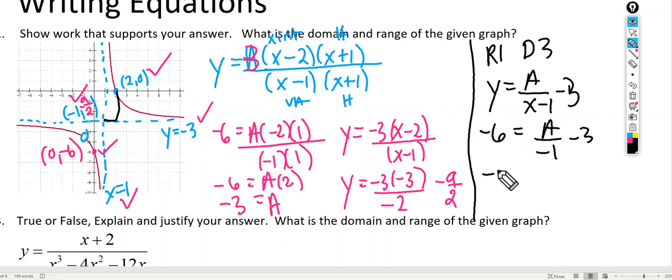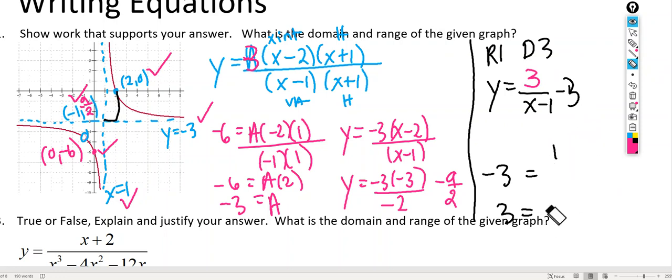Okay, so I'm going to add 3. So I get 3. Okay, so I'm going to go up here, and I'm going to write 3 in. Okay, so I solved for the a value of 3. All right, so I'm going to erase this, and I'm going to add them up by doing a common denominator.